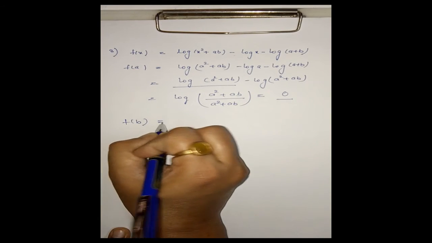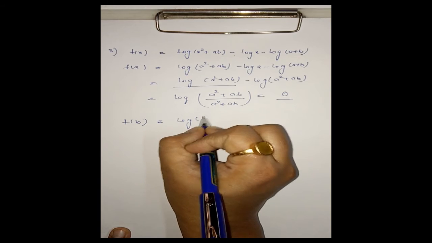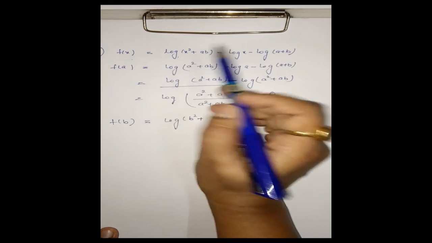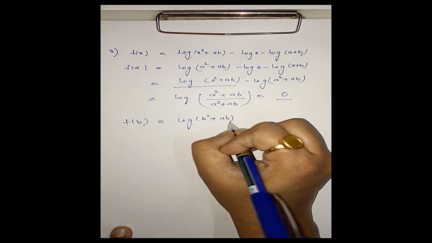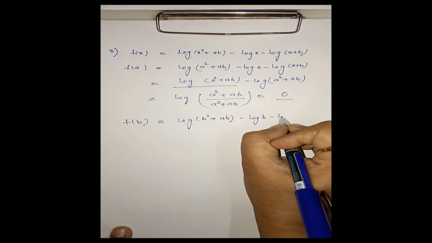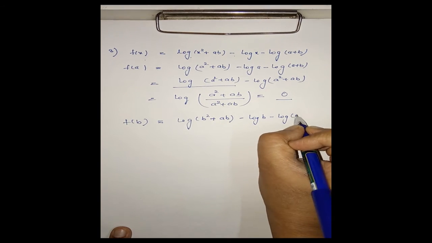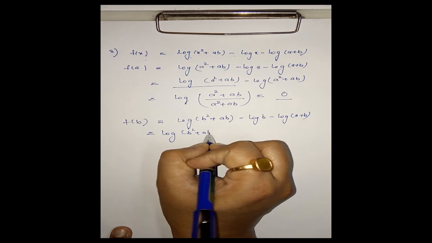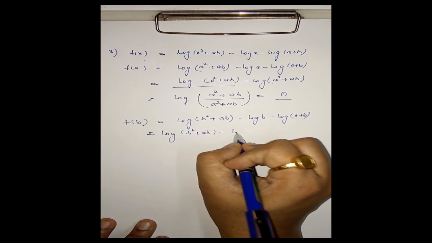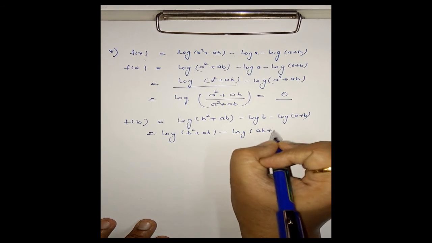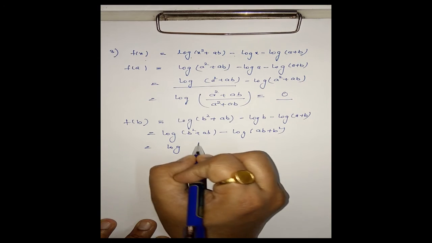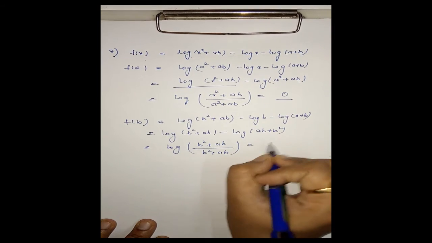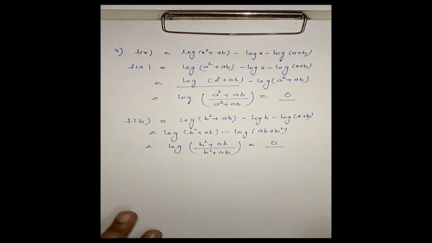In the same way, f of b will be log (b square plus ab) minus log b minus log (a plus b), and this is log (b square plus ab) by (ab plus b square), which is 0. This is the third condition.